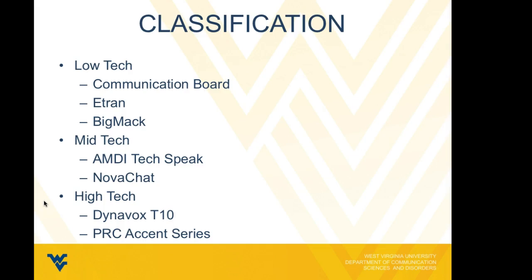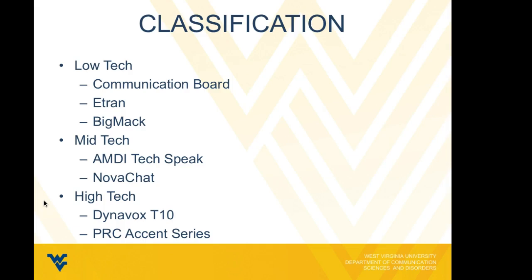Mid-tech often encompasses items that are perhaps a little more expensive, perhaps have additional features associated with them, and so these will be things that are going to go from a couple $100 really up to about $3,000 to $4,000, and our high-tech devices are really those that are going to be above those mid-tech devices.